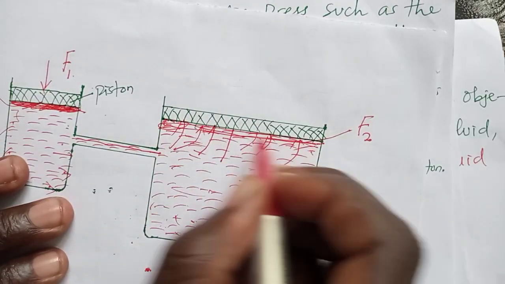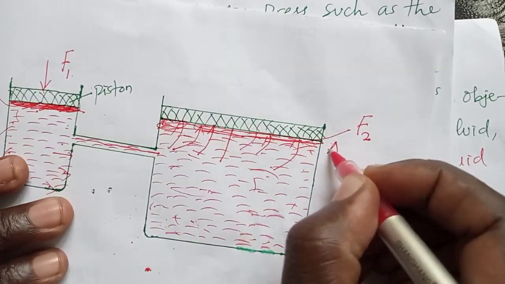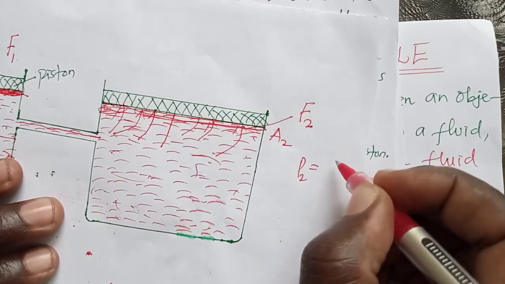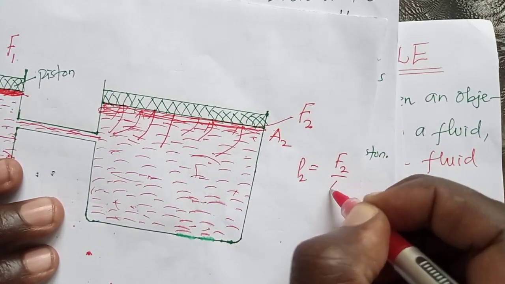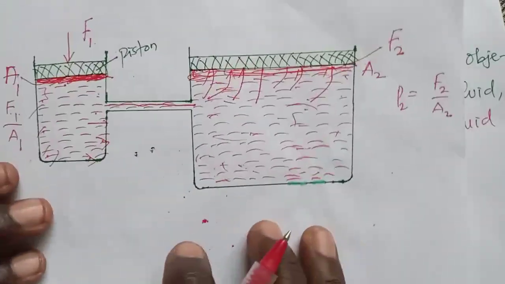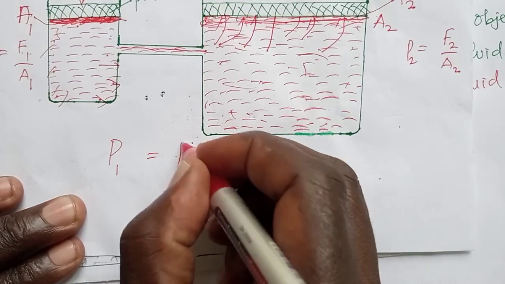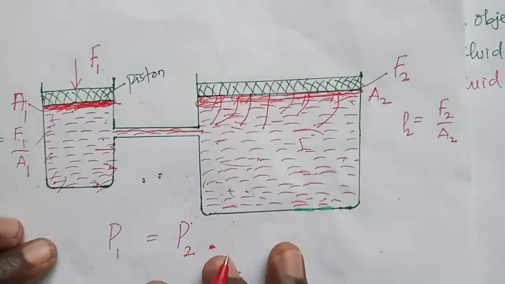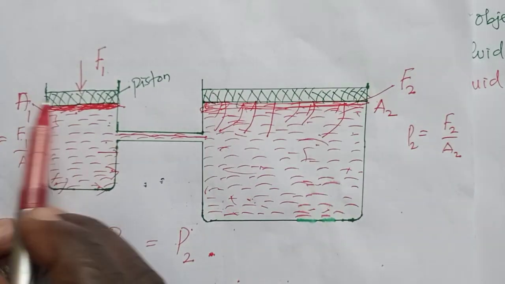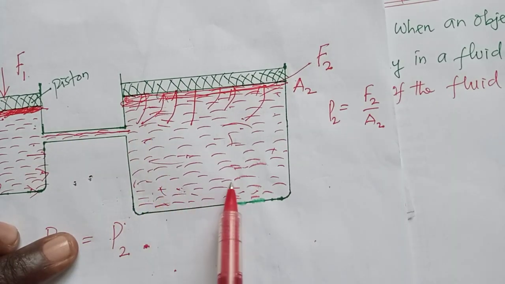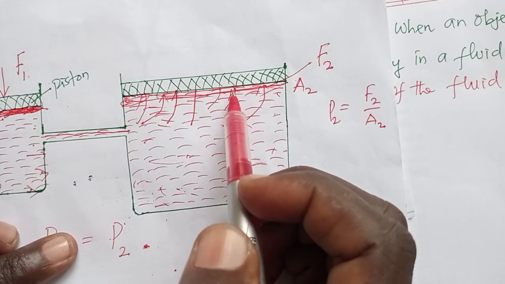So this area is larger than this one. We can call this A2. The pressure here, P2, is equal to F2 over A2. According to Pascal's principle, the pressure P1 is equal to the pressure P2. Why? Because it is this pressure initially that is being transmitted to everywhere here, and it manifested here.